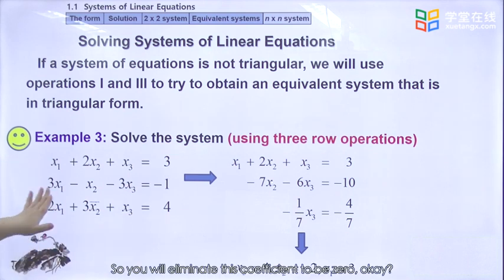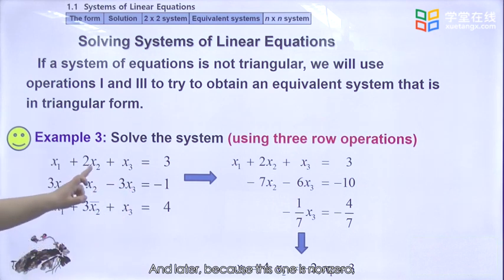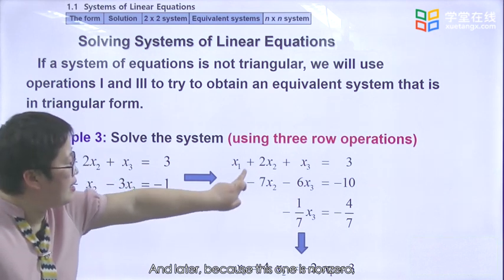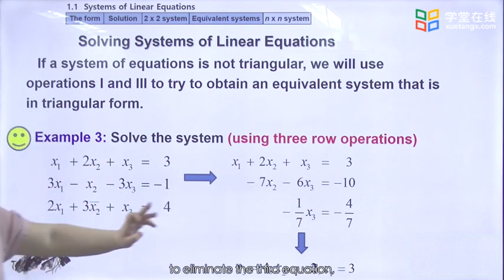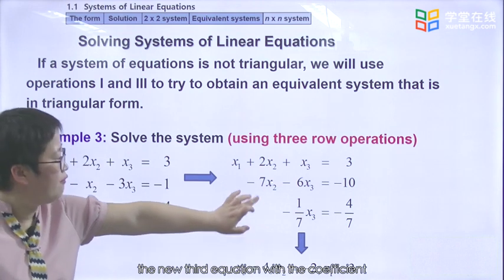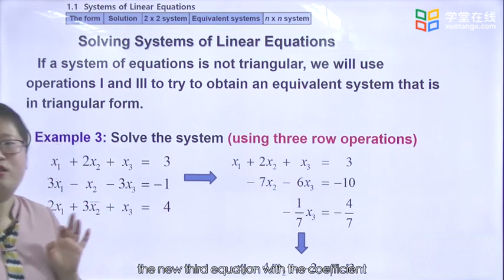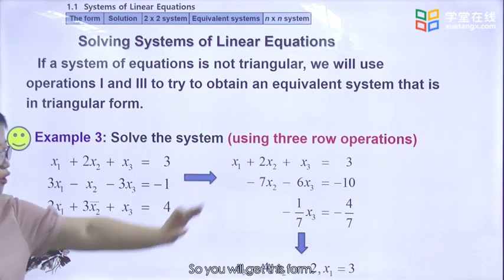So you will eliminate this coefficient to be 0, okay? And later, because this one is non-zero, okay? You can use this non-zero number to eliminate the coefficient for x2 in the new third equation to be 0 again, okay?